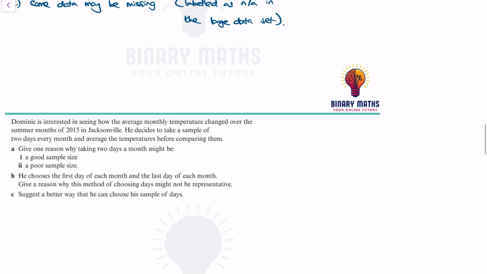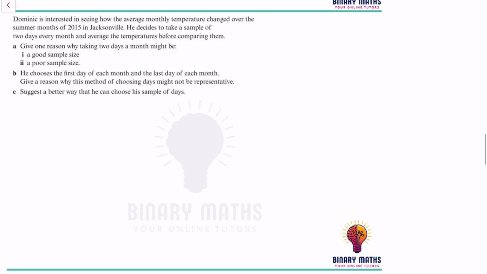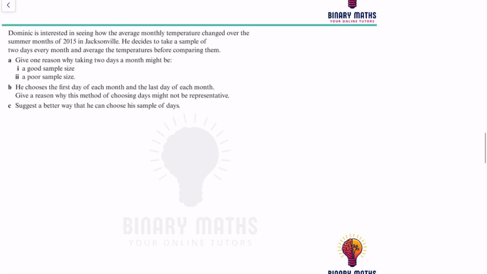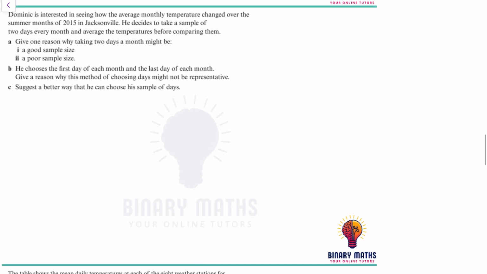Okay. Next question. Dominic is interested in seeing how the average monthly temperature changed over the summer months of 2015 in Jacksonville. He decides to take a sample of 2 days every month and average the temperatures before comparing them. Give one reason why taking 2 days a month might be a good sample size.